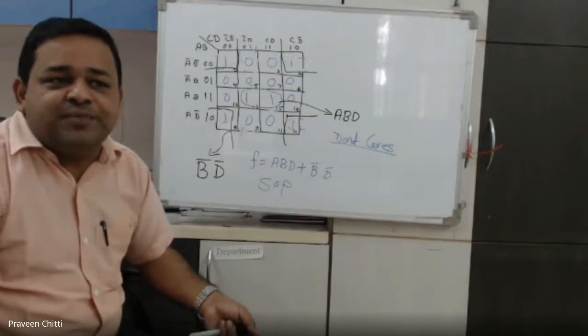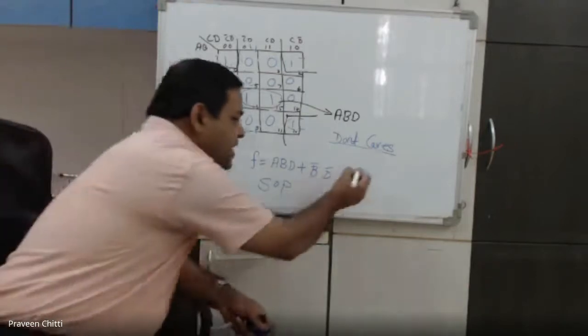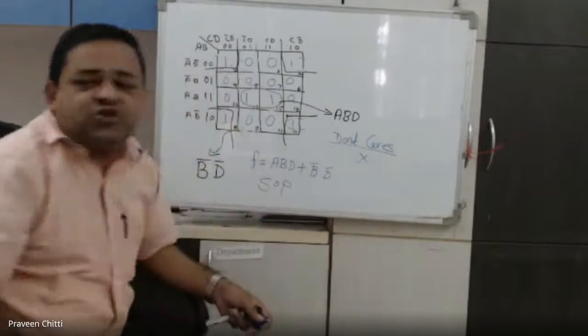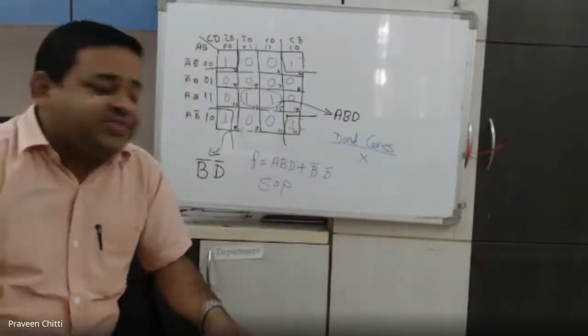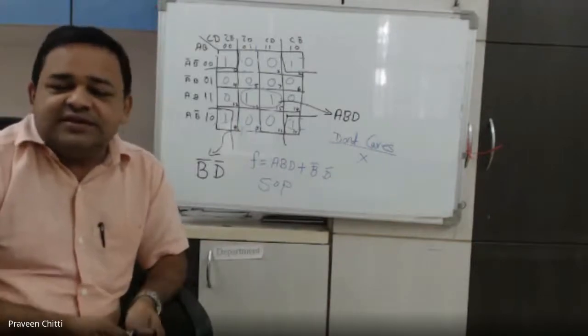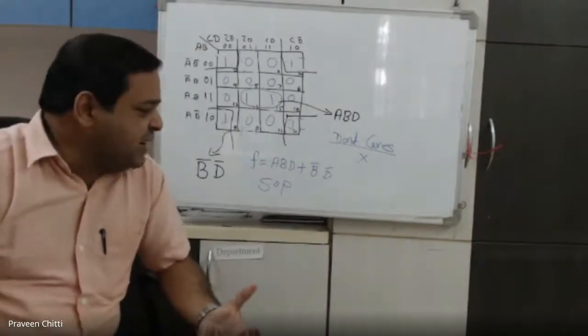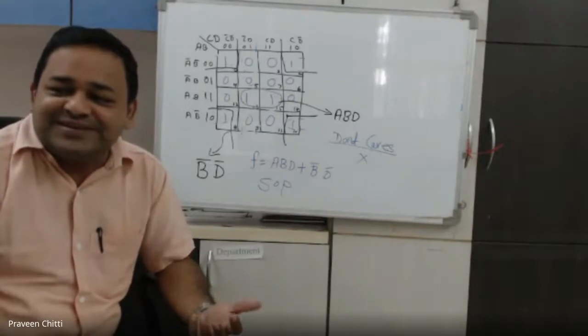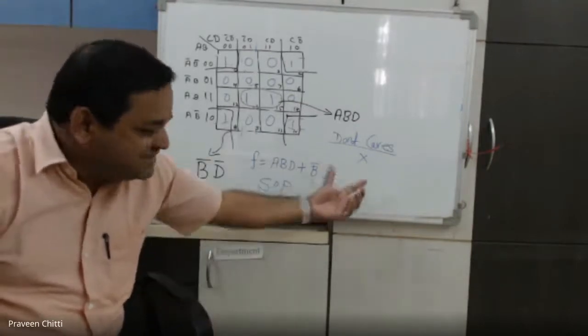The output for such input combinations is represented by X, called a don't care, and that X can be used either as 0 or 1. It's like in a pack of cards there will be one joker present. Wherever you want you can use it. It is in the same way.